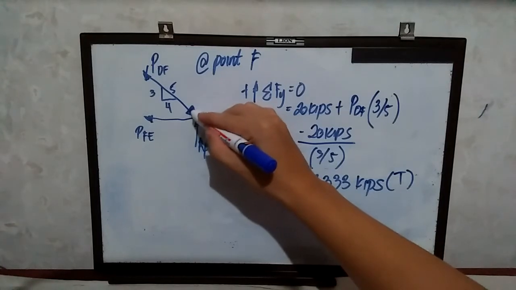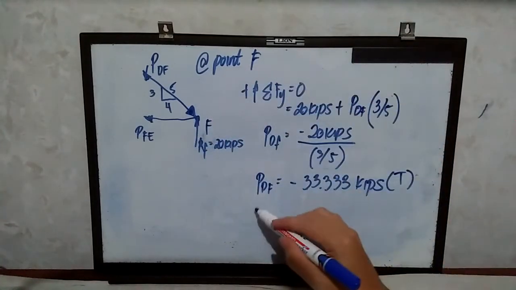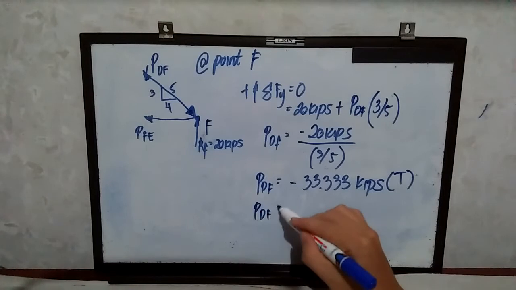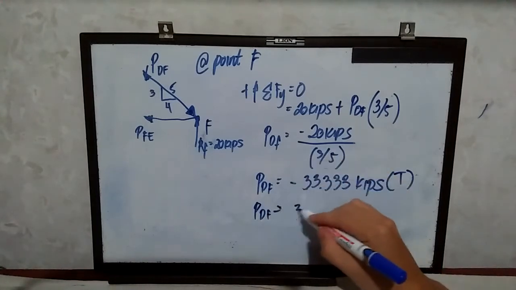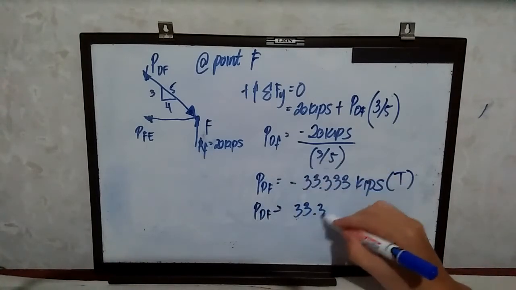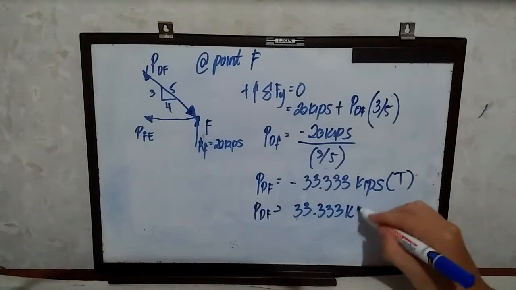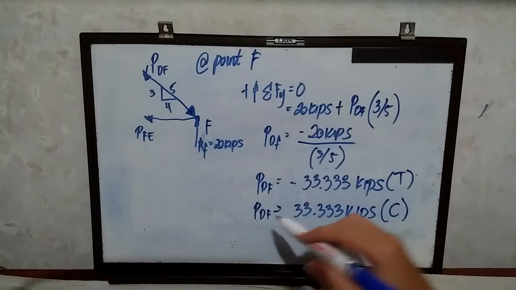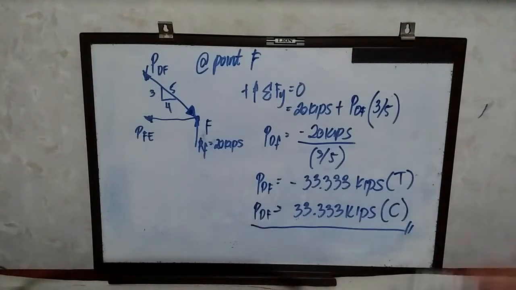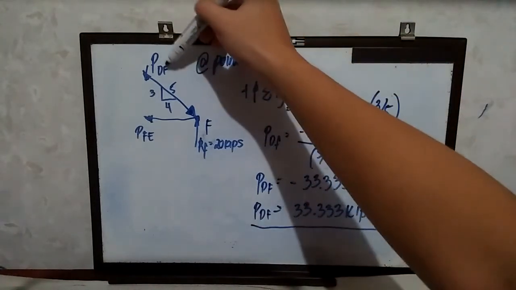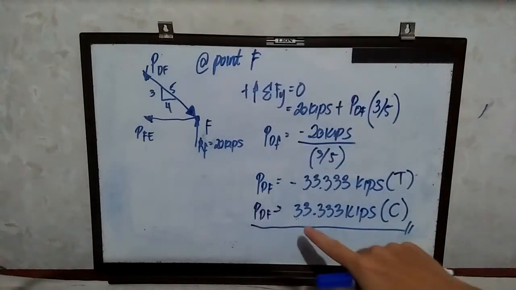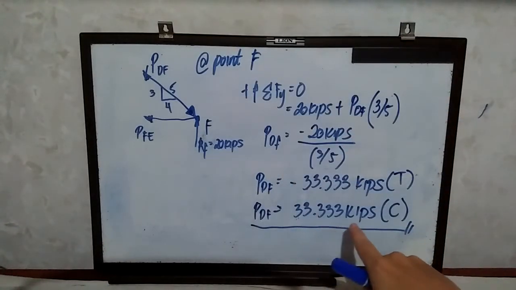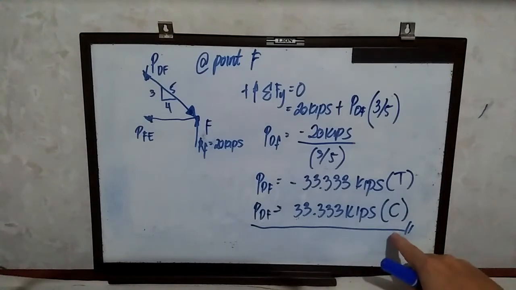So let's correct the direction of that member. P sub DF is equal to positive 33.333 kips in compression. This is the force acting on member DF. It is equivalent to 33.333 kilopounds, or 33,333 pounds, in compression. So bear that in mind.